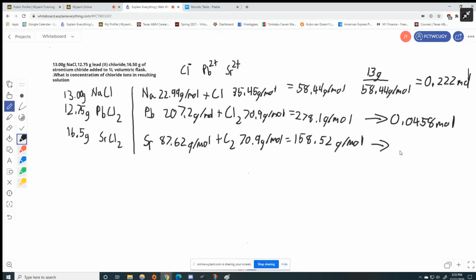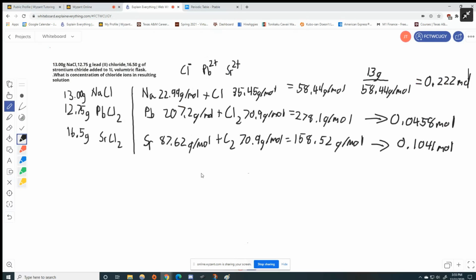And for here, 16.5 divided by 158.52, you will get 0.1041 moles.